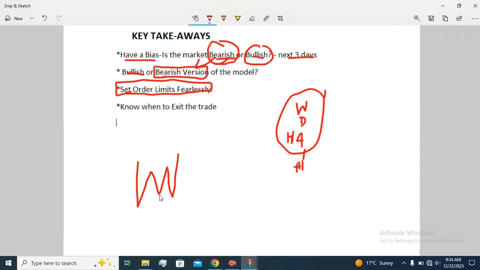At any point where you find a sweep of liquidity, then a first break of structure, then at its lower low of the first break of structure, that is where we set our buy order limit. Mark this term: fearlessly. We set those orders fearlessly. Yes, we don't hesitate when this pattern prints.